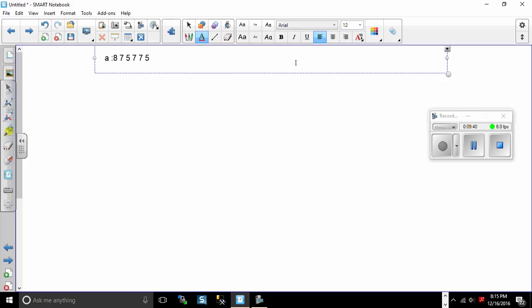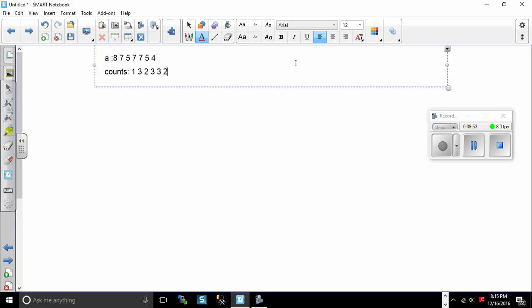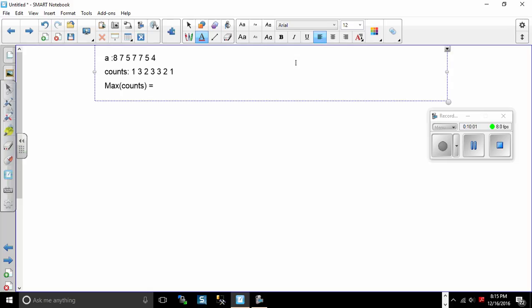Then we compute our counts for each element, and we have 1, 3, 2, 3, 3, 2, and 1. So the maximum of counts is equal to 3.